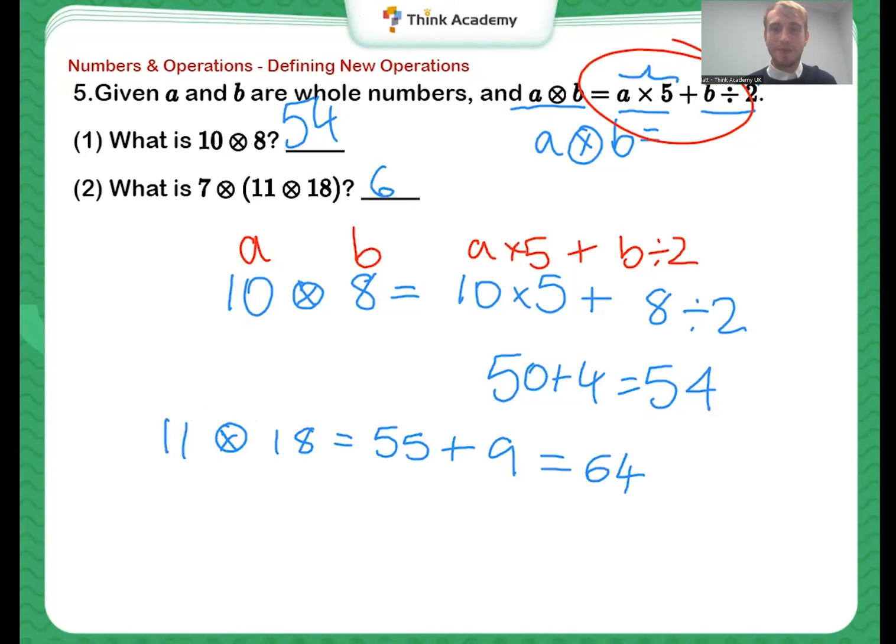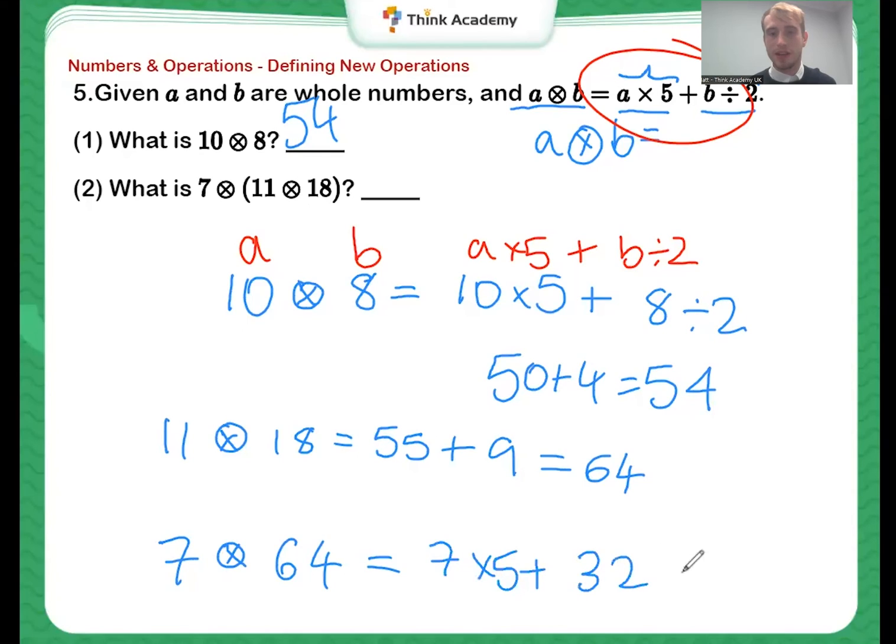Once you get 64, you then need to do the same weird operation on 7 with 64 here. So we're getting the hang of this now, it's starting to become easier. You just need to times your 7 by 5 and add half of 64, which is 32. That gives you 35 plus 32, which is 67. That should hopefully have been your answer for that one.